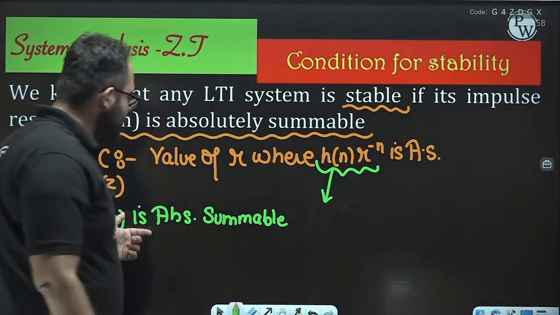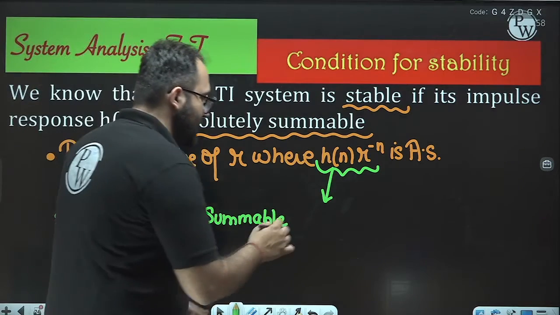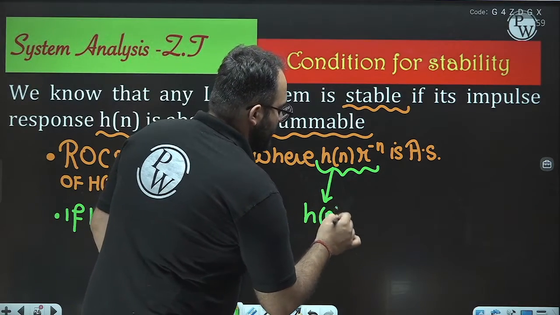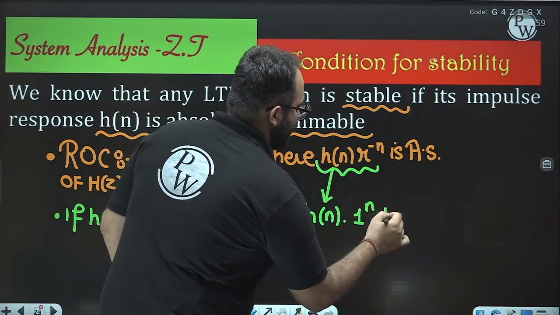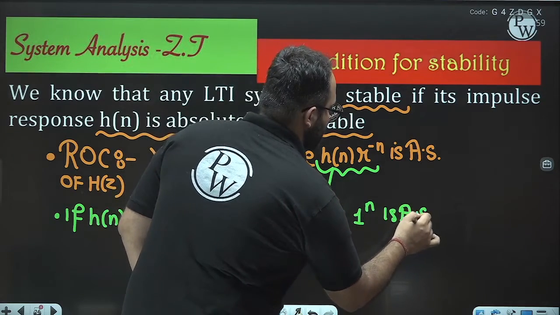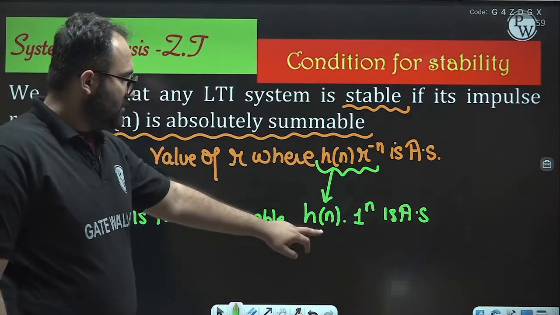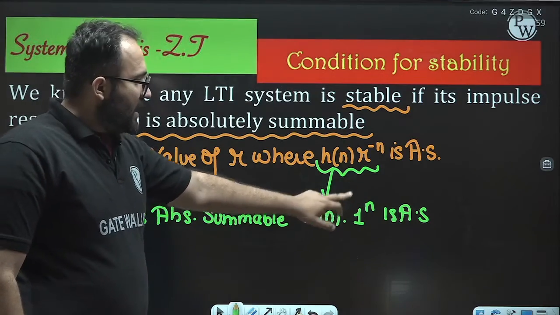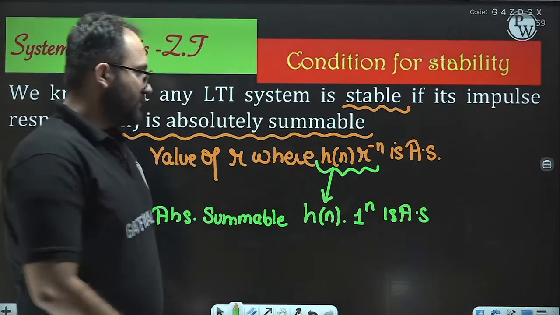If h[n] is absolutely summable, it means that h[n] multiplied by 1 to power n is absolutely summable. So it means that r equal to 1 is in the ROC.